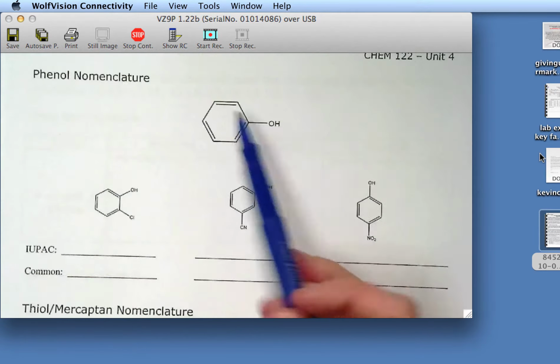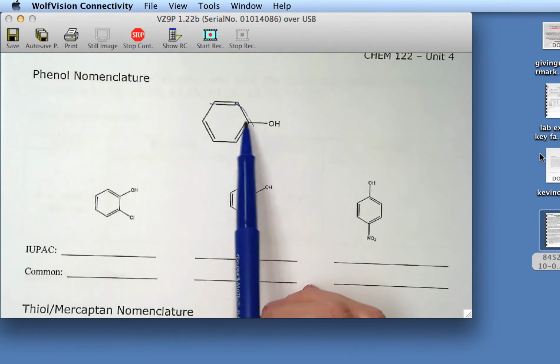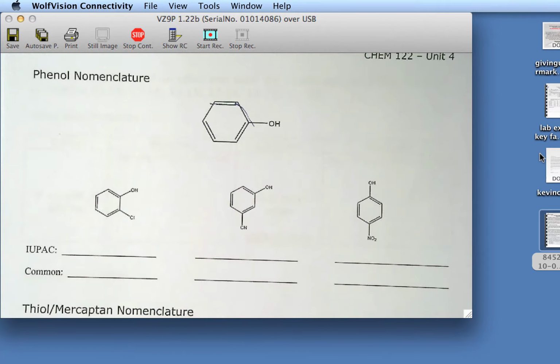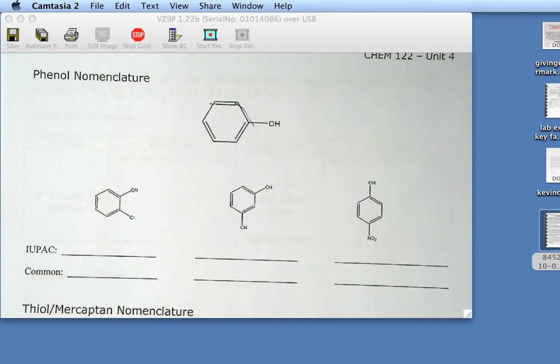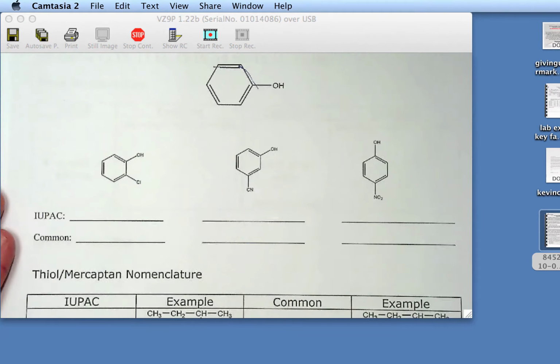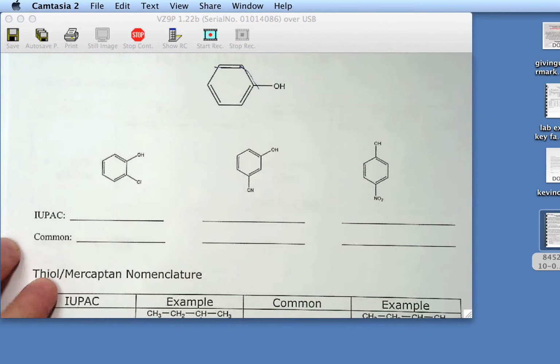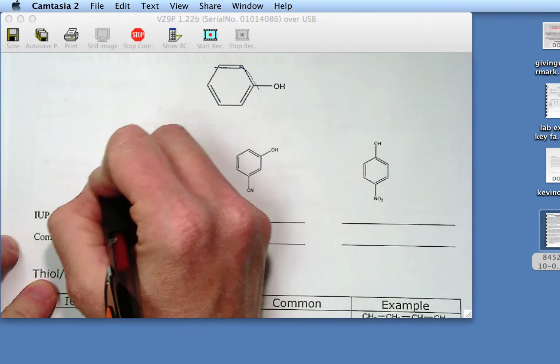So here's that phenol that I mentioned. So it's the benzene with the OH. Like before with your aromatics, you can have IUPAC and common. The IUPAC lists the number. The common, ortho, meta, or para, when you have two substituents. So in this case, we have phenol as the parent, kind of like toluene.